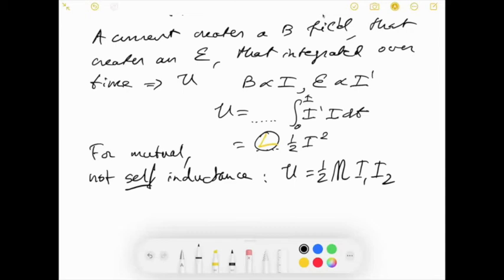So that's the mutual inductance. For instance, this one is driving a current, and then this one is being induced as a result. So that's what mutual inductance is.